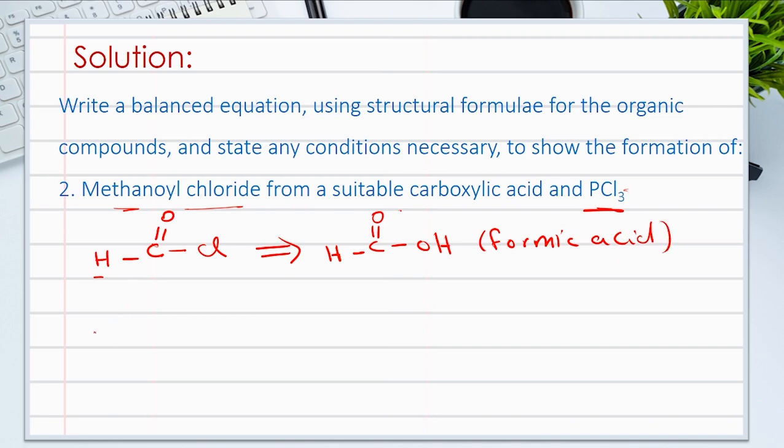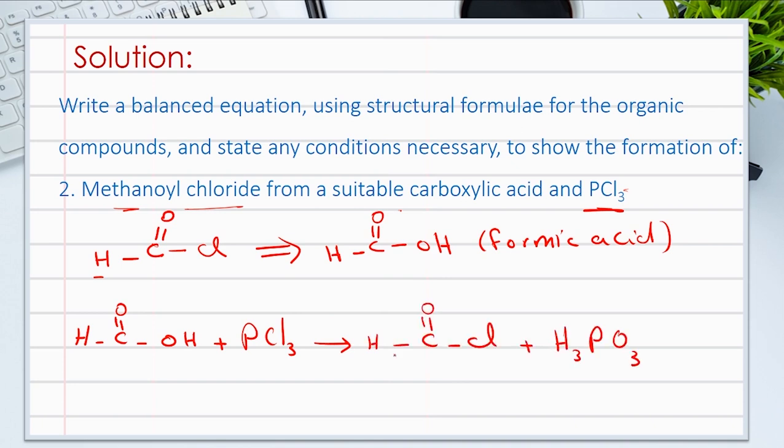Let's try to write the reaction. Formic acid reacts with phosphorus trichloride to give methanoyl chloride and phosphorous acid. Let's try to balance the equation. We have 3 chlorine atoms on the reactant side, so we multiply the product by 3.